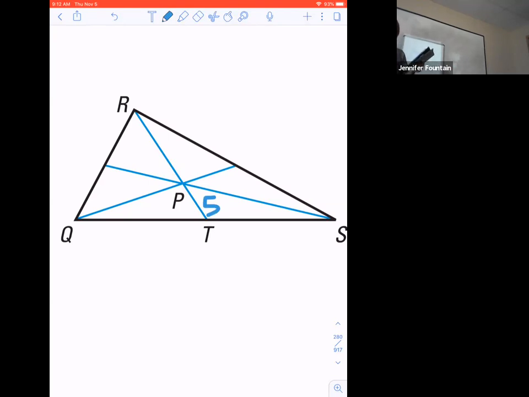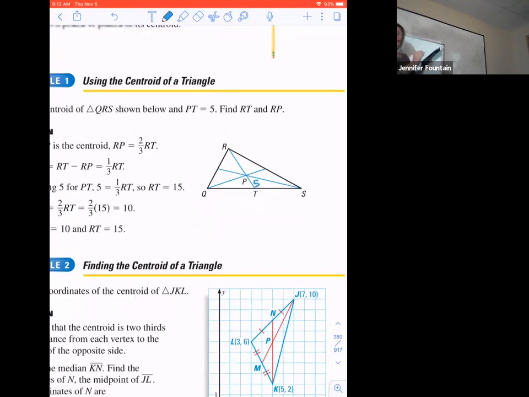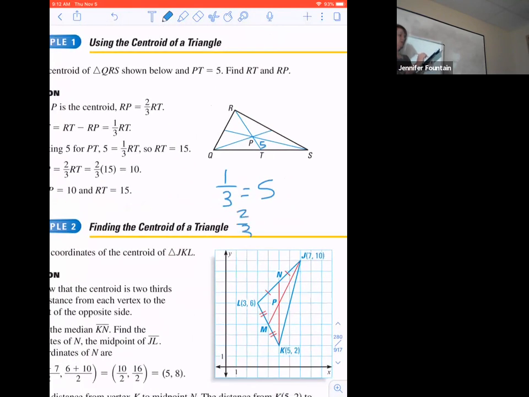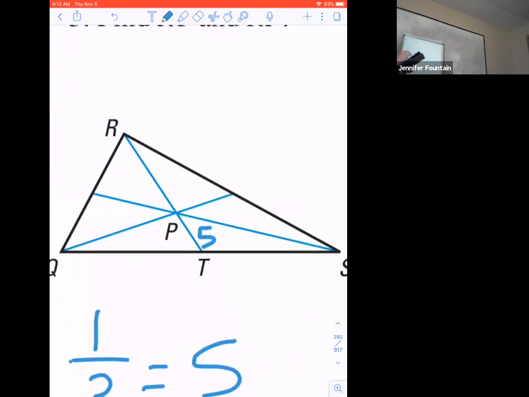Let's see. If that is 5, and I have 1/3 equals 5, then what is 2/3? 10. So if this side is 5 and this side is 10, what is the total measure of my whole median? 15.